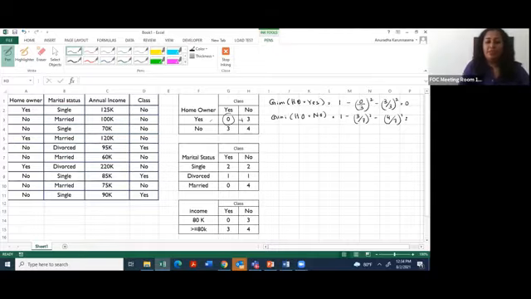I will also take my phone and do the computation. 3 squared is 9, 4 squared is 16. 9 and 16 is 25. 25 divided by 49, minus 1.